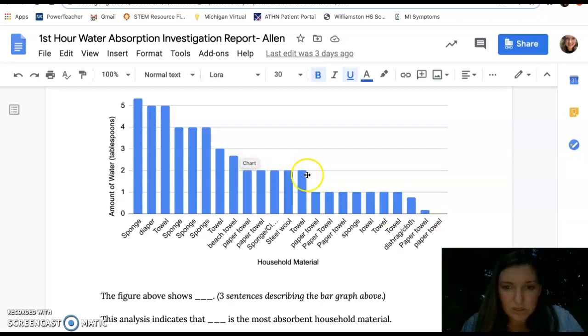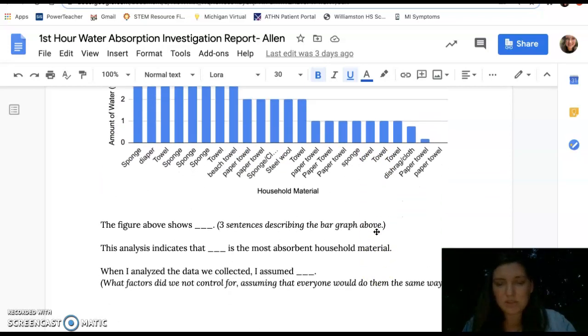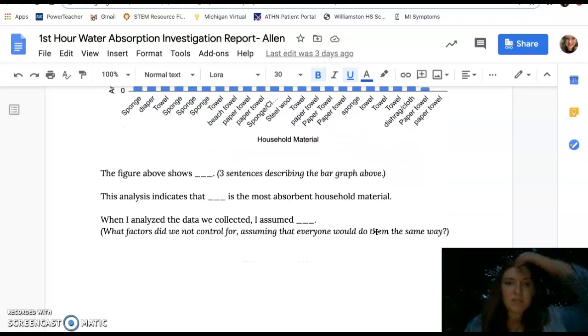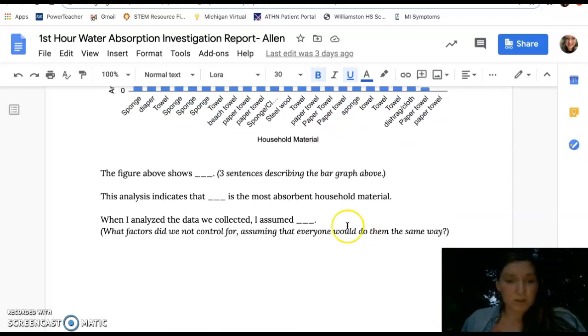You could also say something about how more things held 1 tablespoon of water than any other amount of water. That's just one way of talking about it, just describing what you see there. The analysis indicates that a sponge is the most absorbent household material.